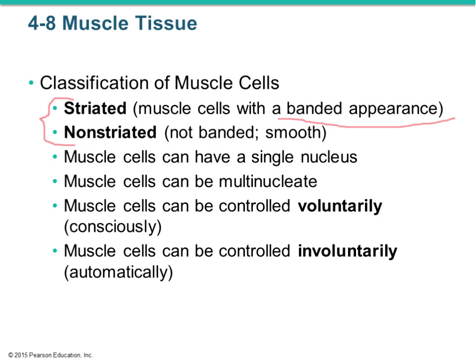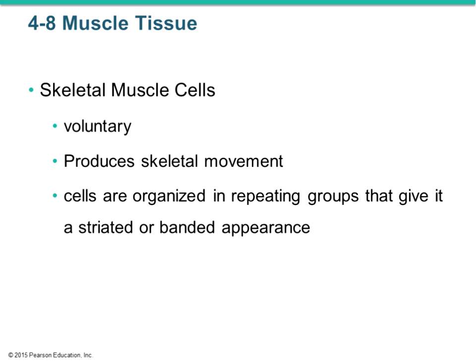You do not see the stripes. So that's one way to help you distinguish between them. Another is that muscle cells have a single nucleus or are multinucleate. And then finally, this really isn't a visual, but voluntary or involuntary. Do the cells control consciously, or do they work automatically? And so you can take all those features and apply them to each of these cells and see what you get.